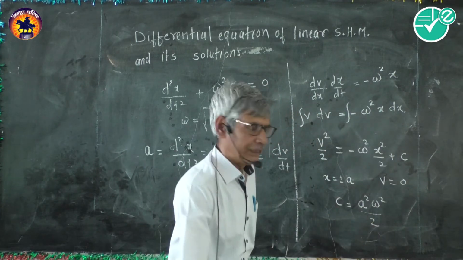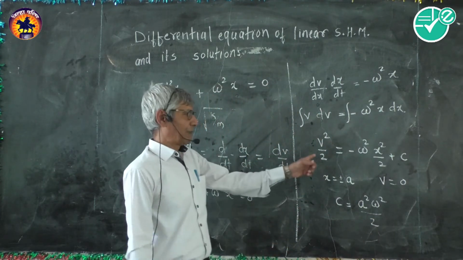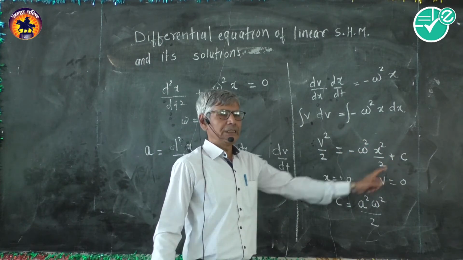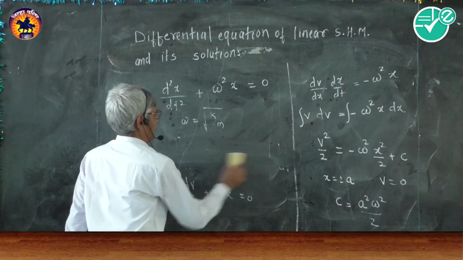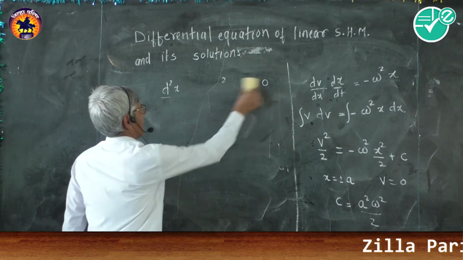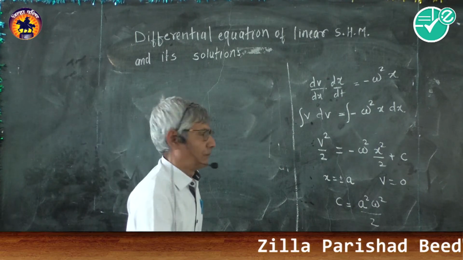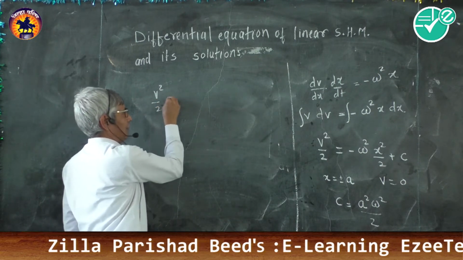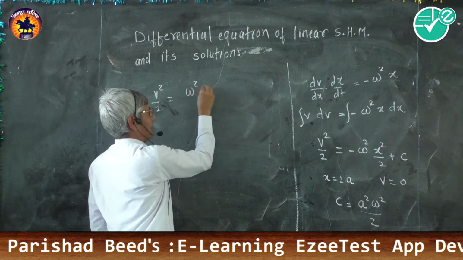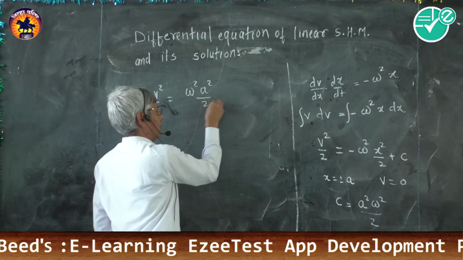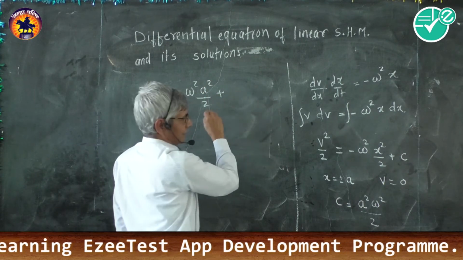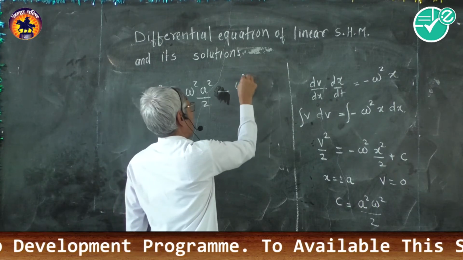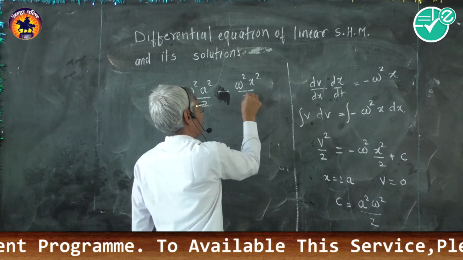Using the value of c in this equation, we have the equation for the velocity as v square by 2 is equal to omega square a square by 2 minus omega square x square by 2.